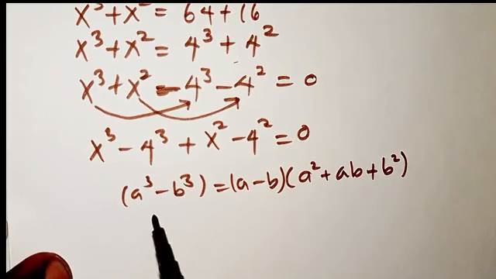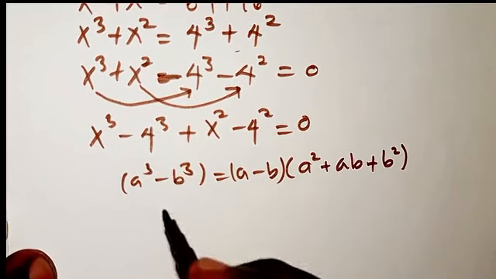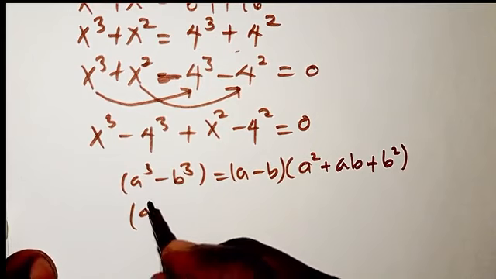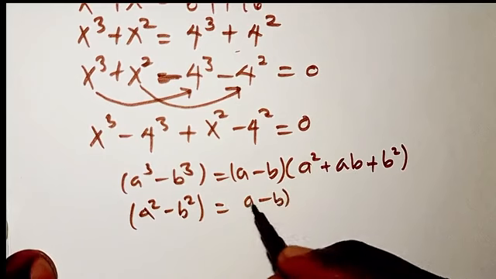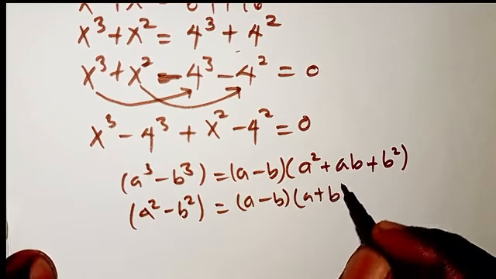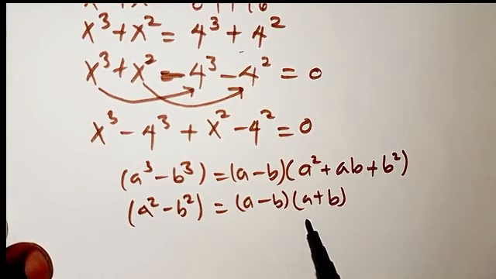So that is that for cube. Then the difference of two squares, a squared minus b squared, is going to be a minus b, then a plus b. So we are going to be applying these two facts here.